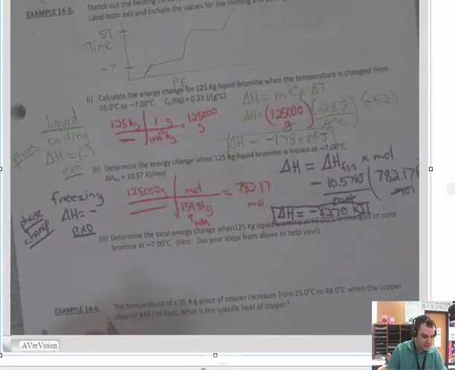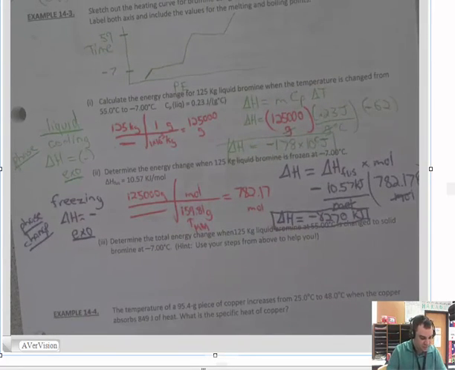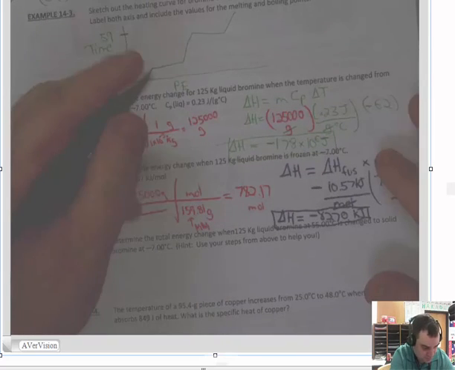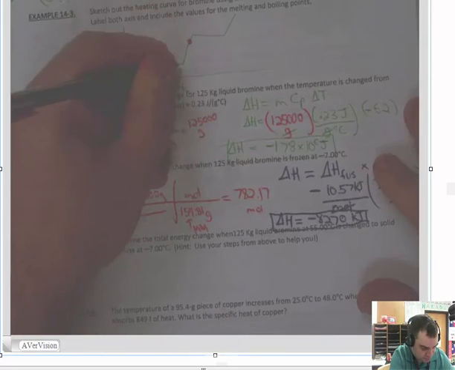Okay, determine the total energy when 125 kilograms of liquid bromine at -55 degrees is changed to a solid. Basically it's asking you to combine, the first part we did from here to here on the graph, that was part 1.